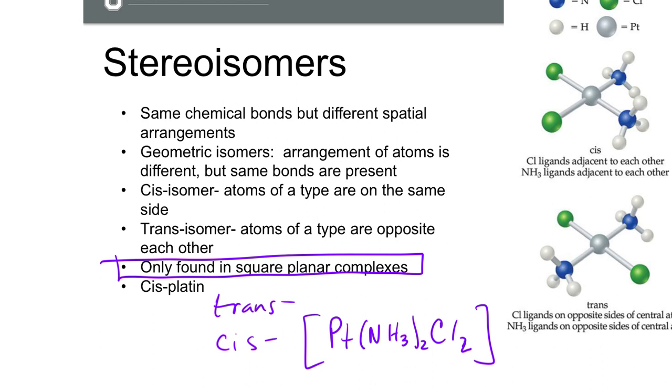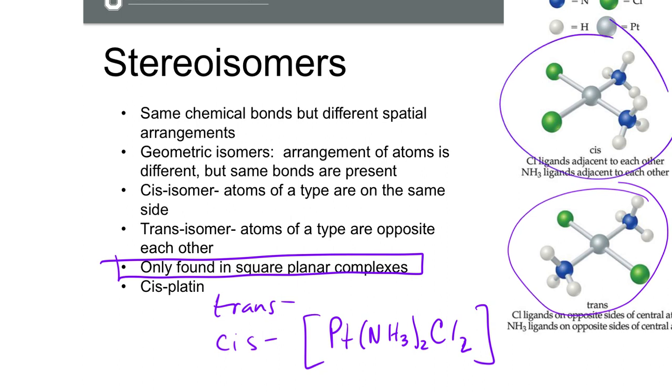And the tetrahedral arrangement, if you have this same collection of atoms, but it's arranged tetrahedrally, there's no isomers. Okay, because the tetrahedral geometry allows for rotation that doesn't differentiate between these types of arrangements.